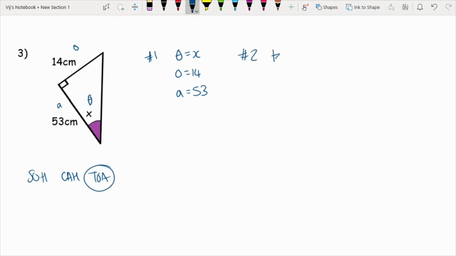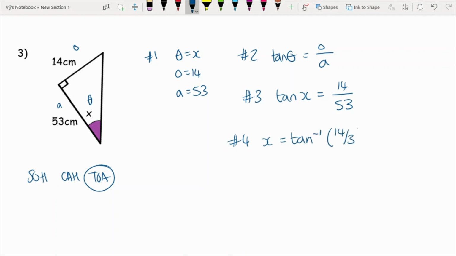So I've got tan theta equals opposite over adjacent. Substituting numbers in, I've got tan x equals 14 over 53. So solving for x, I've got x equals the inverse tan of 14 over 53, which I've not written correctly, but now I have.